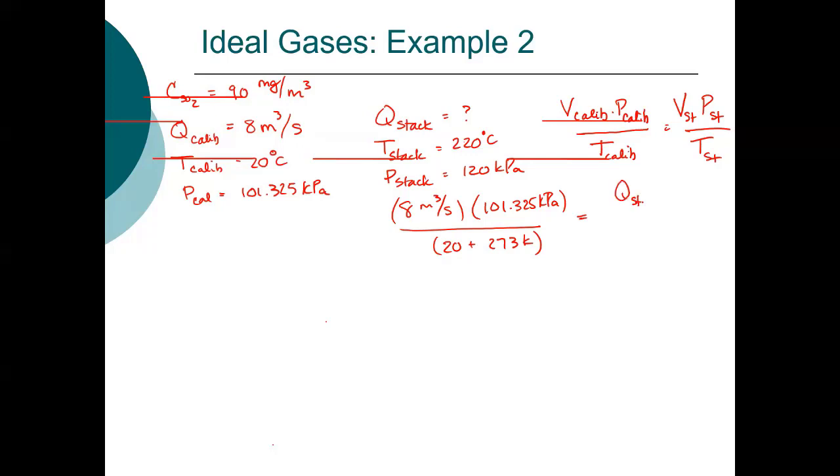It's our volume per time, times the pressure divided by the temperature. So Q in the stack is equal to 11.37 cubic meters per second.